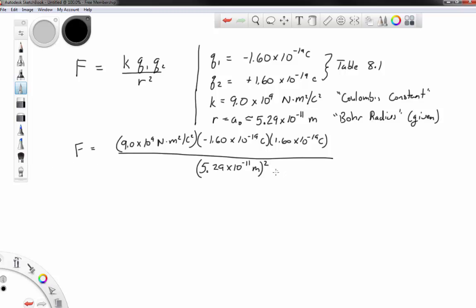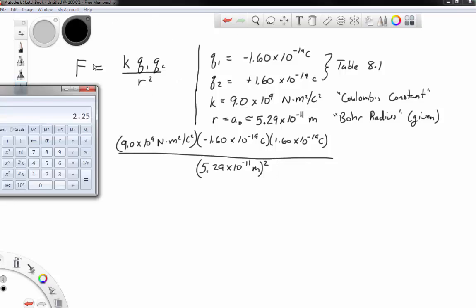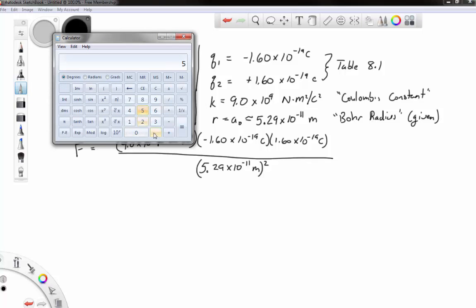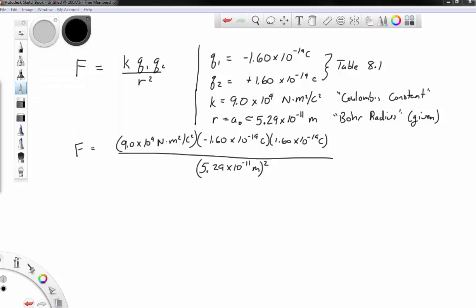So let's go ahead and do that. I'm going to actually do this by taking this 5.29 number and squaring it. So that gives me 27.9841. The reason why I'm doing that is I'm basically just trying to figure out what this denominator is going to be, and I have to square this and I have to square this.